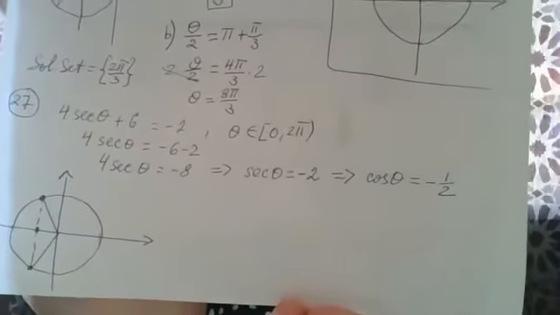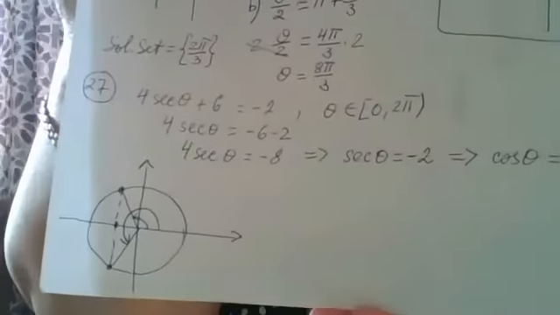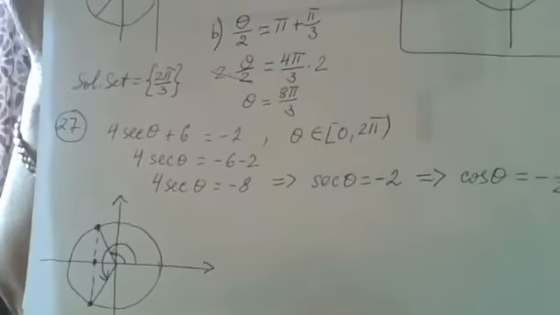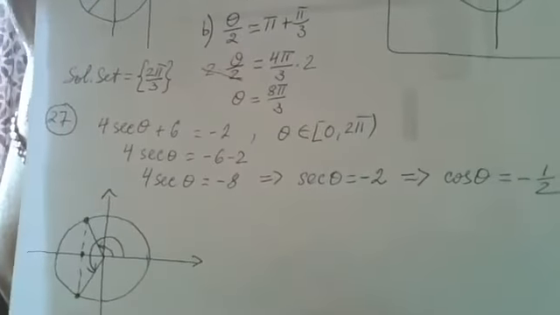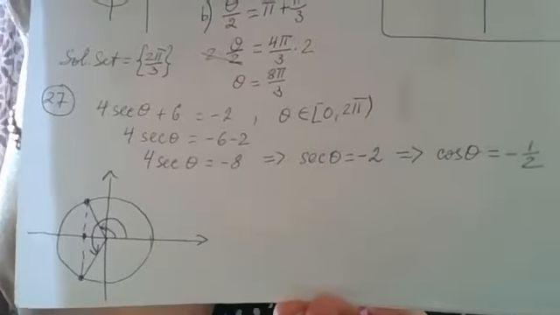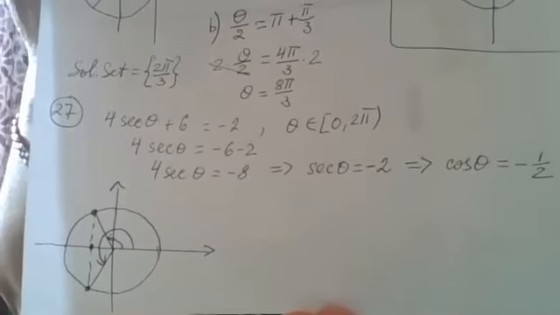And you already can see two angles which have cosine equal to negative 1/2. One angle is in the second quadrant, one angle is in the third quadrant, as we just talked about, because in the second and third quadrants cosine is negative. And now let's actually find these answers.